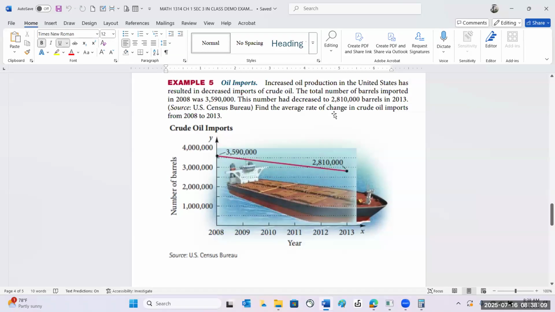The number had decreased to 2,810,000 barrels in 2013. What is the average rate of change in crude oil imports from 2008 to 2013?